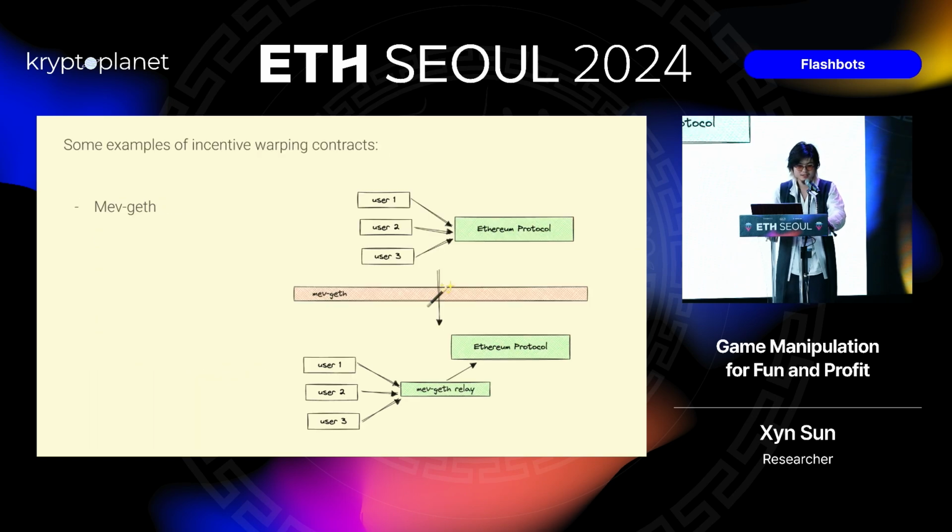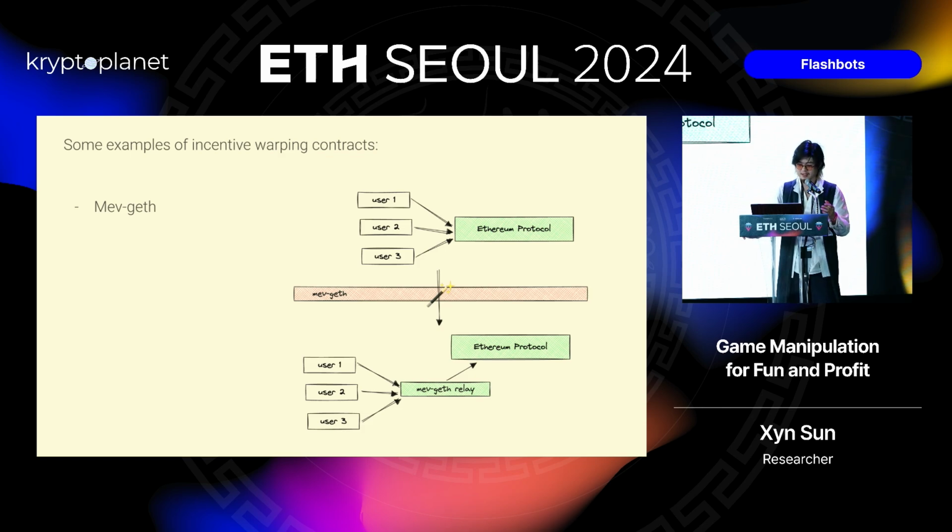So let's see what are some concrete examples of incentive warping contracts, right? The first easy one would be MEV-Geth. So MEV-Geth is essentially an off-protocol market that acts as a relay for the miners to run as a sidecar, that users, both unsophisticated and sophisticated, submit transaction bundles or just plain transactions to, that constructs a block and then sends it to the Ethereum protocol.